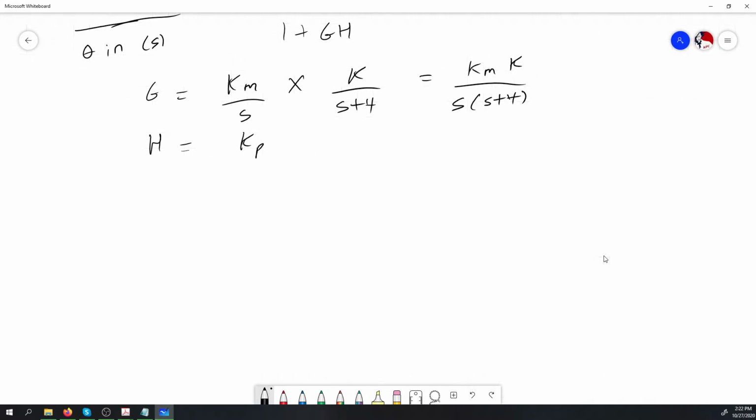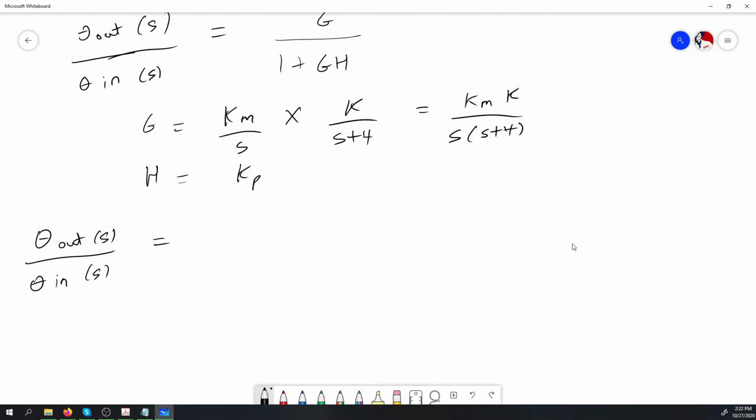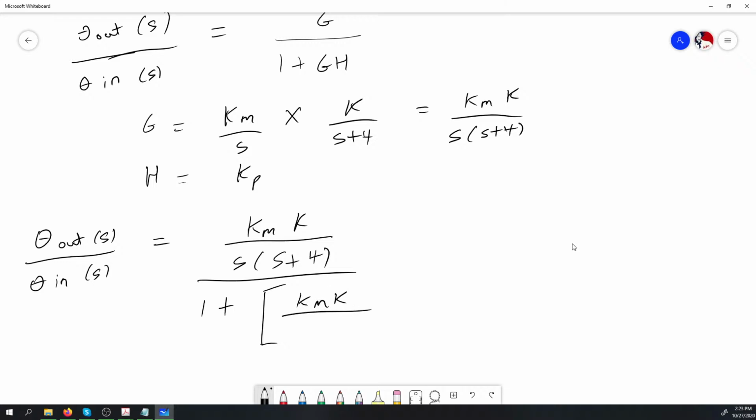And resolving the transfer function theta out of S over theta in of S, let's substitute G and H accordingly into our equation. This will become Km K divided by S times S plus 4, all divided by 1 plus Km K divided by S times S plus 4, multiplied by Kp.